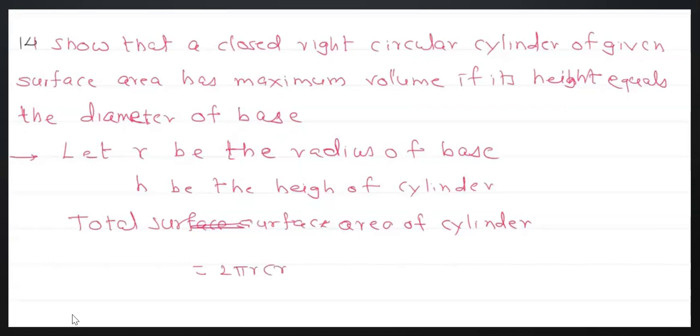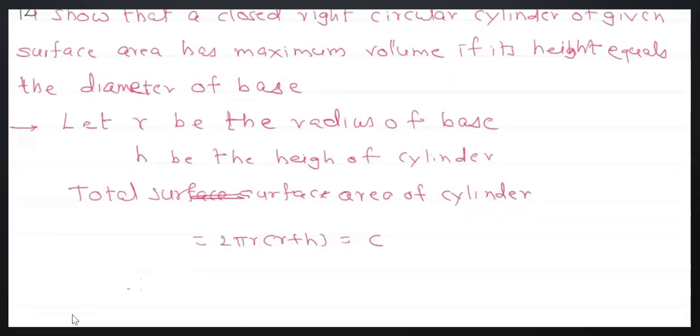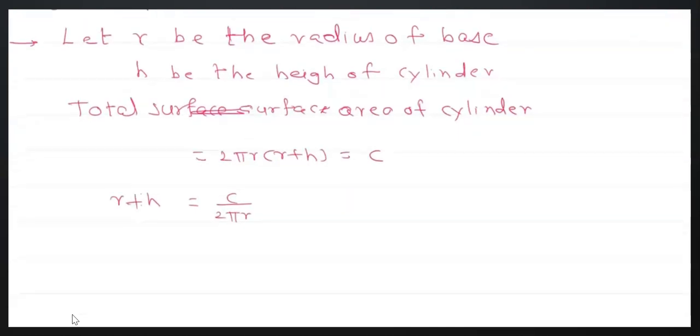The total surface area of the cylinder is equal to 2 pi r (r plus h). Therefore r plus h is equal to c upon 2 pi r.